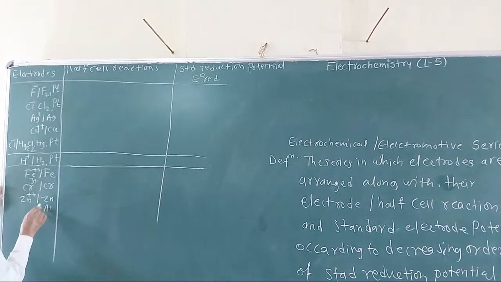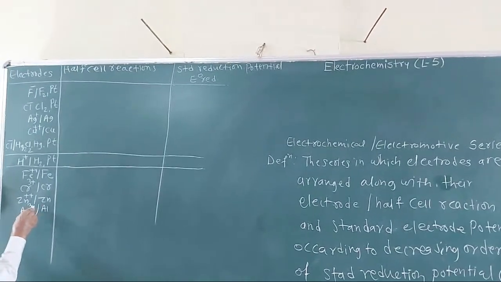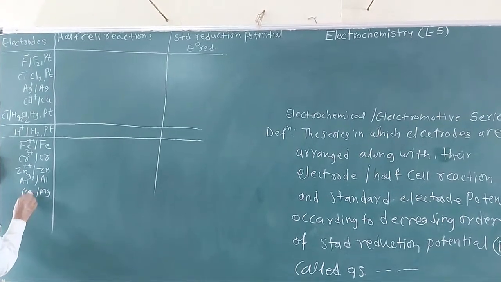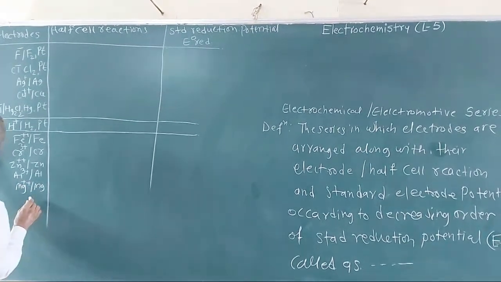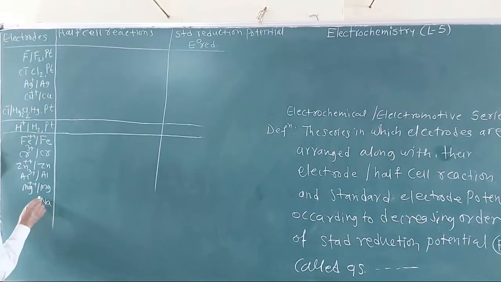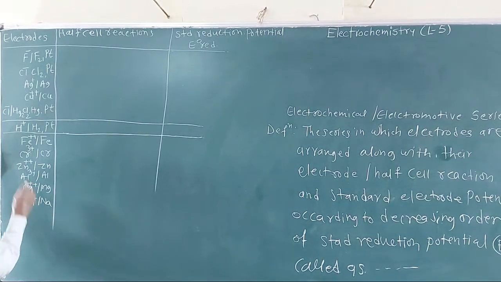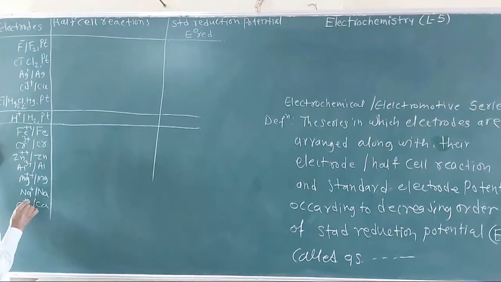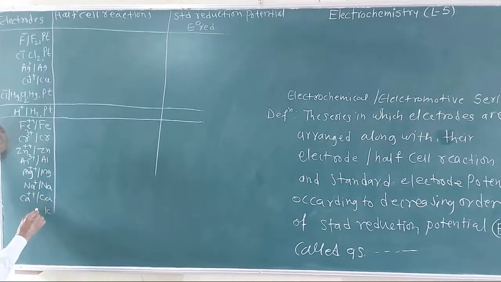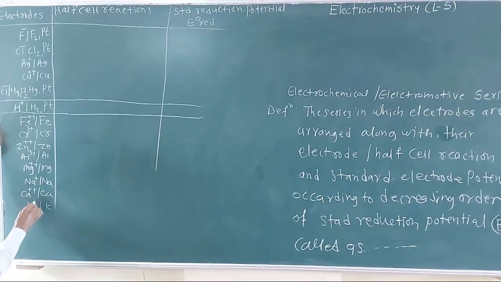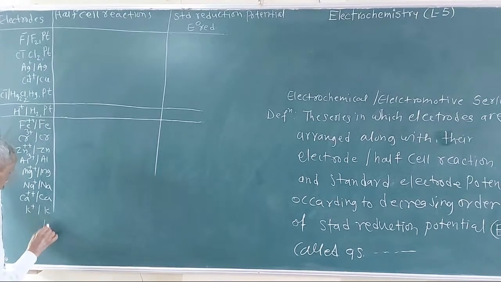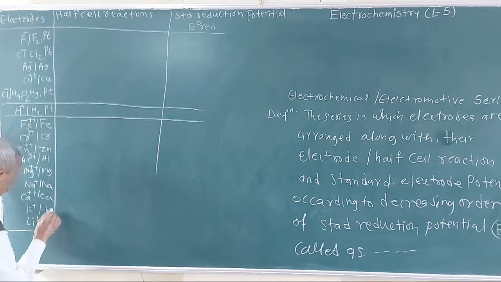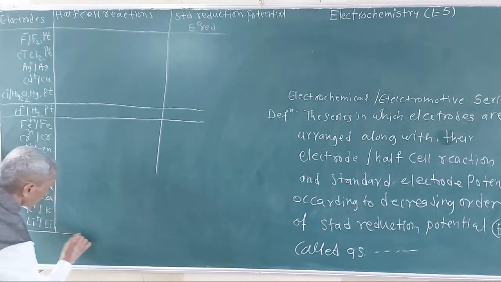Similarly, some aluminum electrode, or some magnesium dipped in its magnesium ions, or sodium electrode dipped in its sodium ions, or calcium in calcium ions, potassium in potassium ions, or some lithium. These are the electrodes.